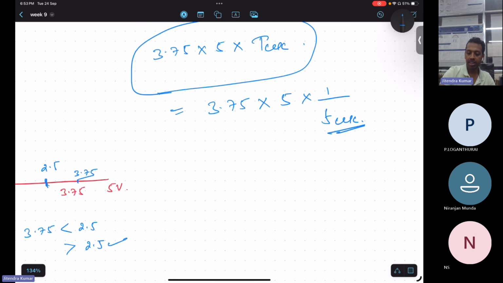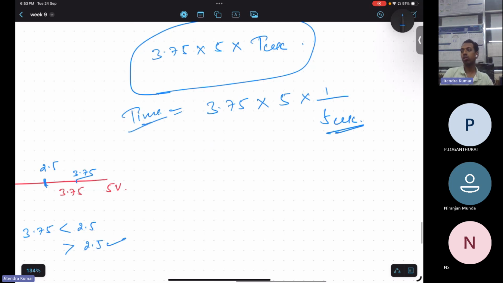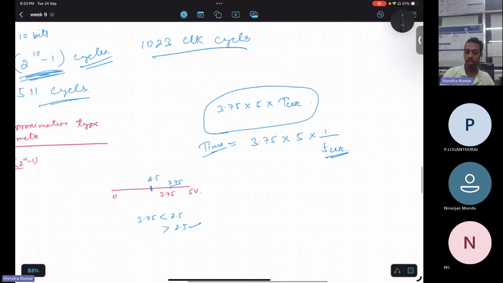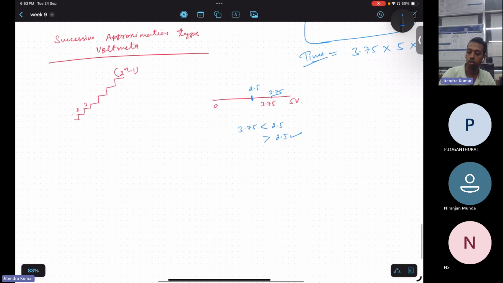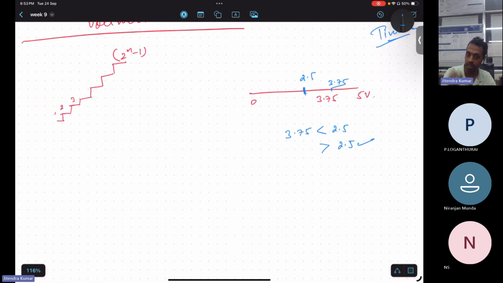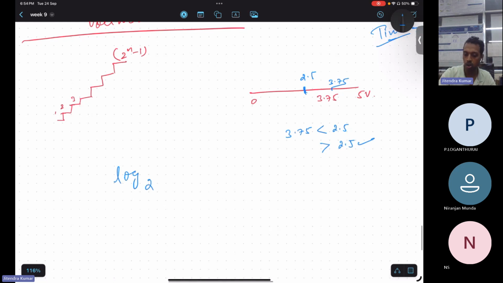If you compare both of the times, you will observe that the time taken by the successive approximation type will be way smaller. And by how much? The exact expression is given: since it is doing binary search, we apply log base 2 of 2 raised to power n minus 1, which is approximately log of 2 raised to power n, which is n clock cycles.